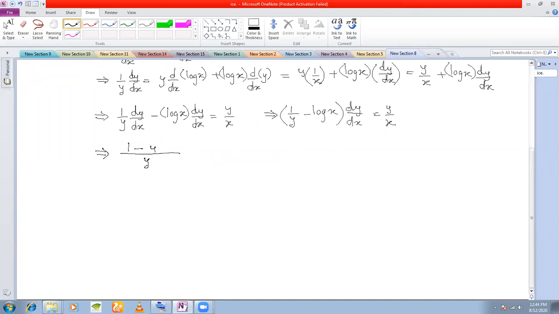I get 1 minus y log x, sorry, I forgot to write dy/dx, times dy/dx, is equal to y by x. That means dy/dx must be equal to y square by x into 1 minus y log x, which is the required proof.